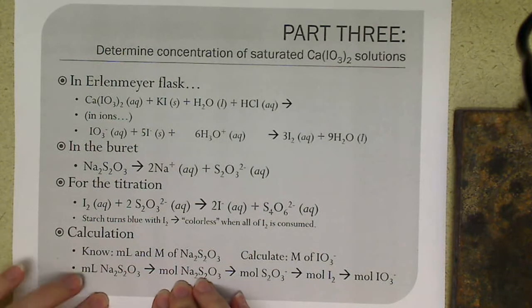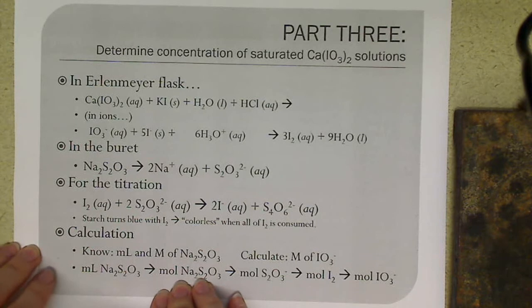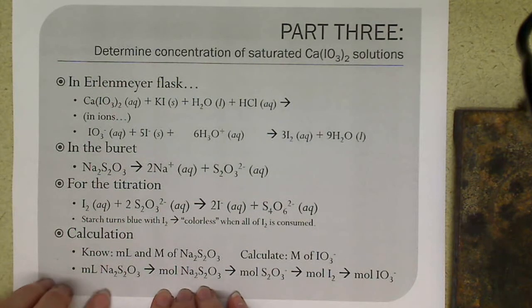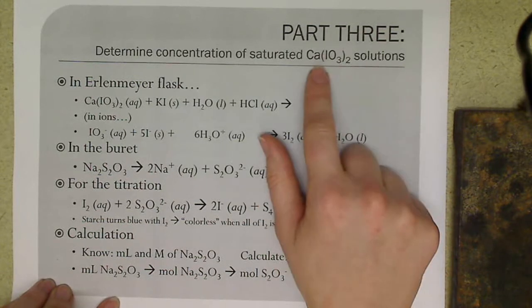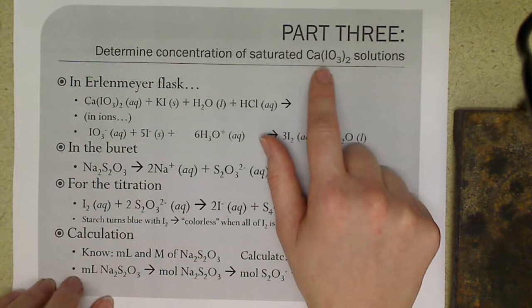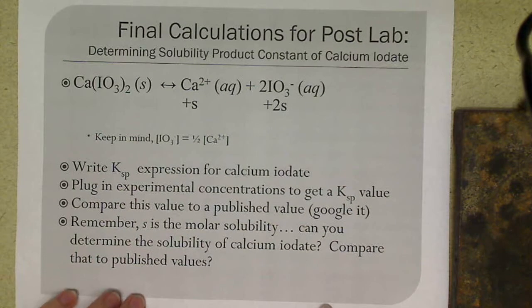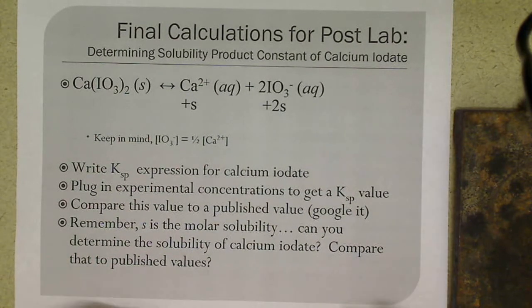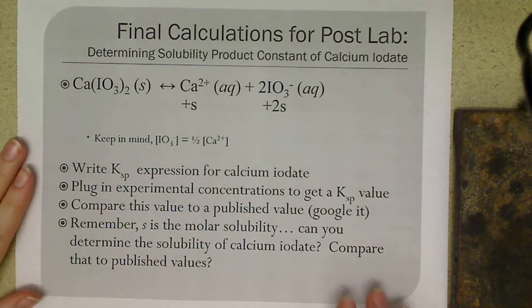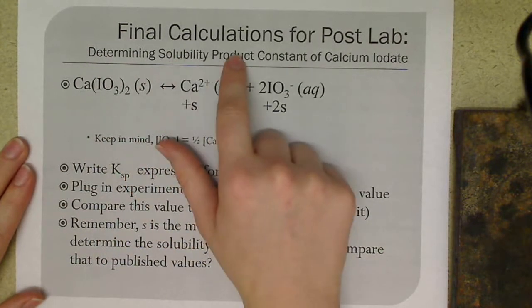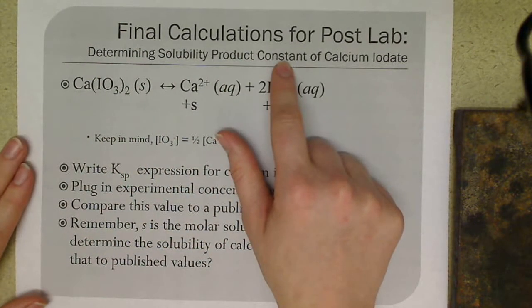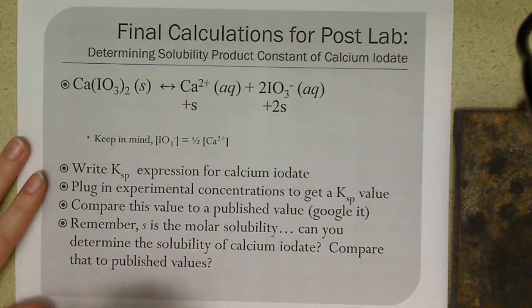Our purpose of this lab is to determine the solubility product constant of our slightly soluble salt of calcium iodate. So next page are the final calculations. Once you've done the lab, you have all of your data, all of your concentrations. Now comes the part where we actually determine the solubility product constant of the calcium iodate.